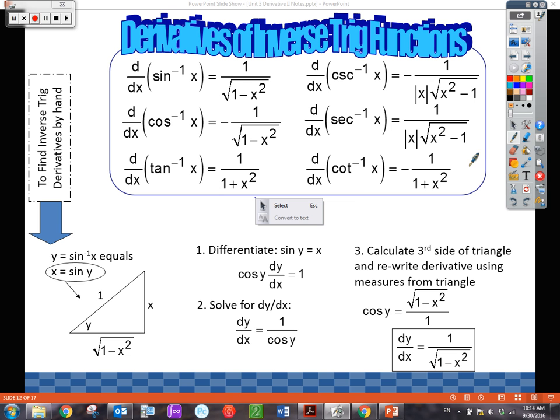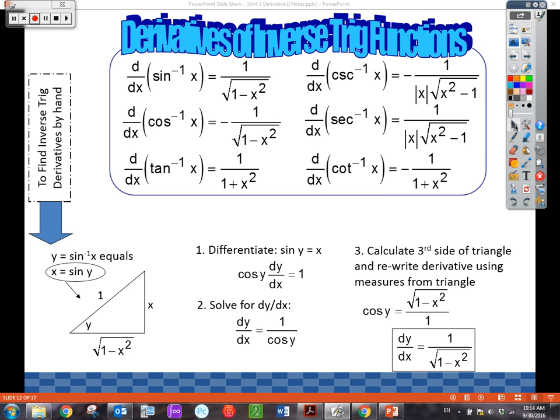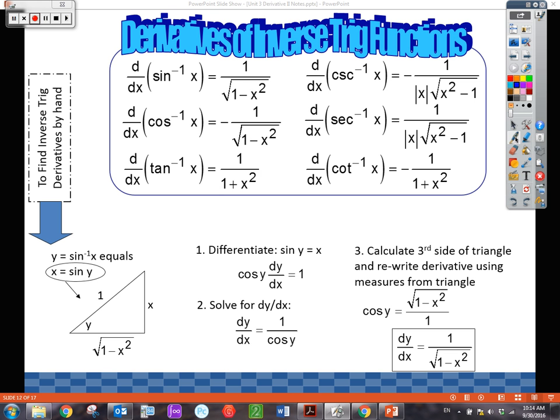So these are the derivatives. Now, if for some reason you forgot them, it actually is possible to do them by hand. It's kind of fun. I wrote the instructions out down here to find the arc function derivatives by hand. It takes several steps and a little bit of time, so your best bet is to just memorize them. But it is possible to create them from scratch.